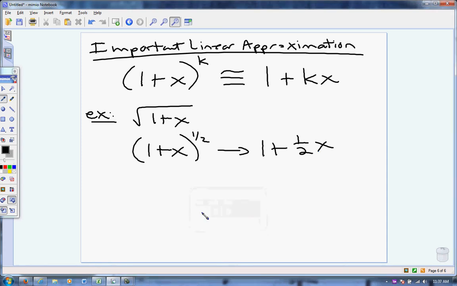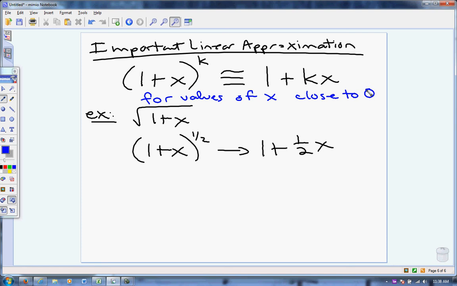Okay, on this little linear approximation, there's one important note that we need to make. This is for values of x close to 0.